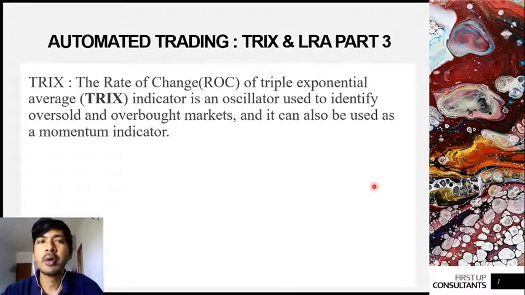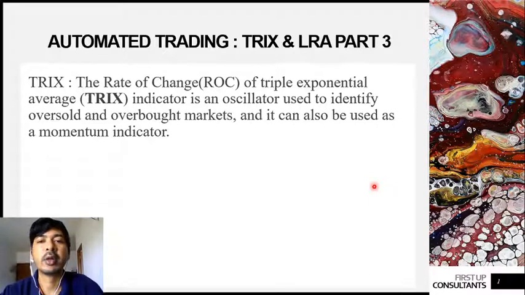Myself Vaibhav. In today's session of automated trading, this is the third part of this ongoing series involving the indicators, the TRIX, and LRA. Here, the TRIX is a fairly simple indicator. This is simply the rate of change of triple exponential moving average, which we are trying to use as a momentum indicator.